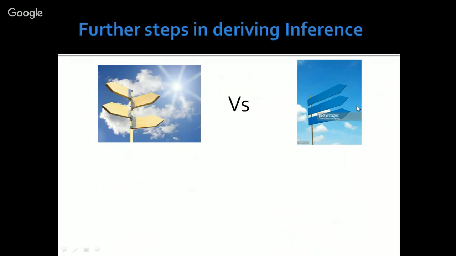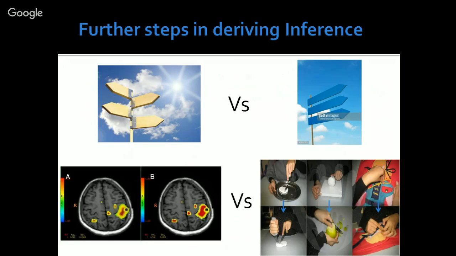And the next issue in deriving inference is the directness of the inference. For example, if you watched the previous webinar, you will be aware that CIMT in fact produces changes in the brain. But do you think our patient would be more happy with this change, or with changes in their daily activities?